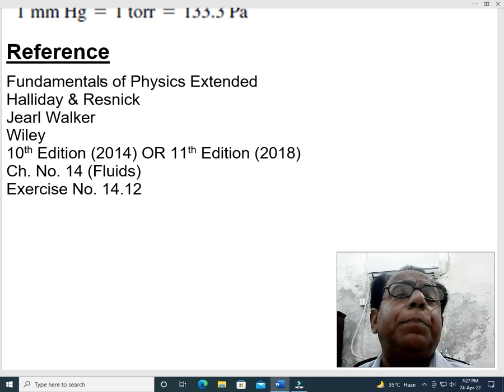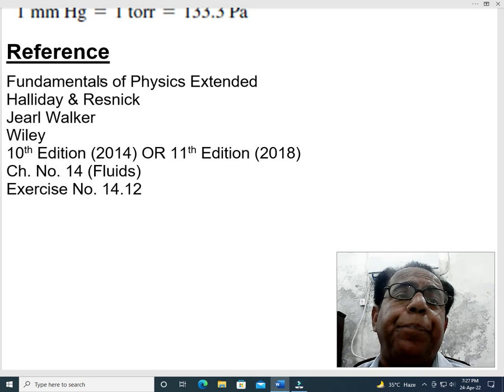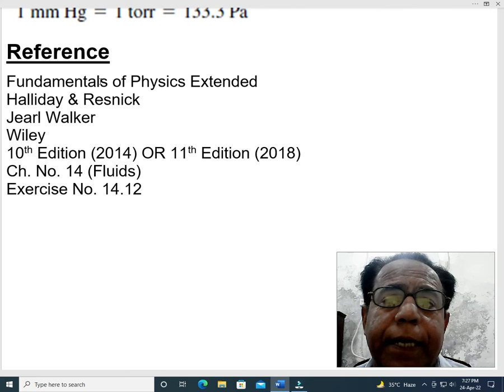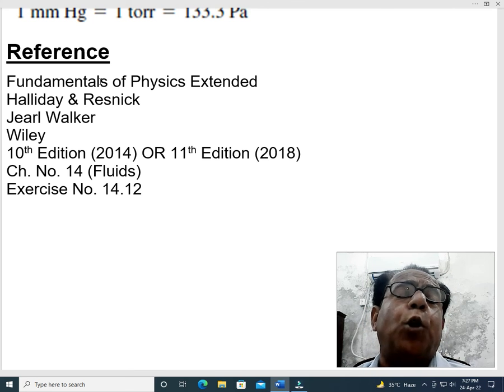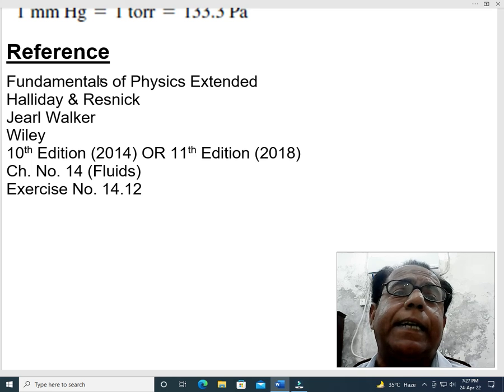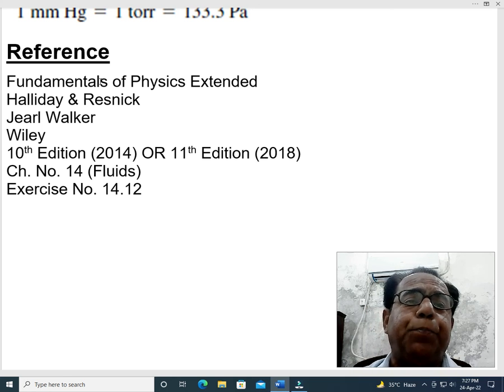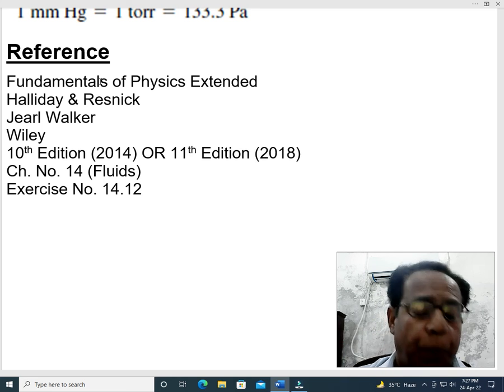Its publisher is Wiley, and its 10th edition published in 2014 or 11th edition published in 2018 has been adopted. Here chapter number 14 under the title Fluids is our concerned chapter, and the problem which we have solved in this module is enumerated at serial number 12 of the exercise given at the end of chapter 14, that is to say exercise number 14.12, and this is the end of our module, our problem.